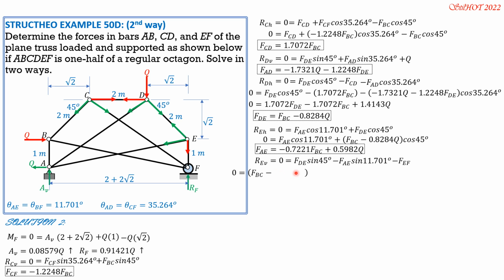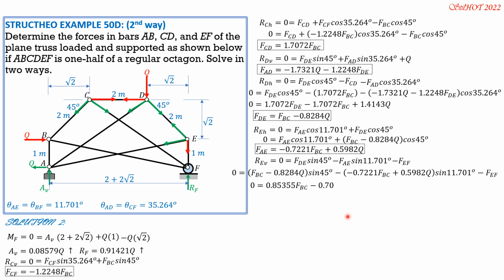Substitute the value of FDE: 0 equals quantity FBC minus 0.8284Q sine of 45 minus FAE, which is quantity negative 0.7221 FBC plus 0.5982Q times sine 11.701 degrees, minus FEF. Transpose FEF to the left, then we can express FEF in terms of FBC and in terms of Q.